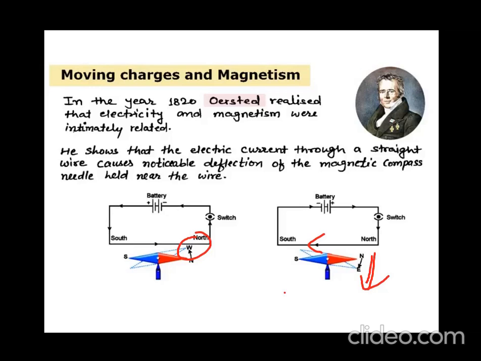When current was flowing through this wire, a magnetic field was created, and because of that the needle got deflected. With this experiment Oersted showed that electricity and magnetism are interrelated. Wherever there is current flowing, a magnetic field has to be there, right, children?